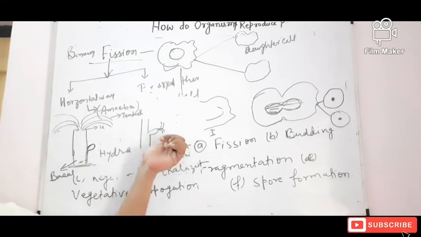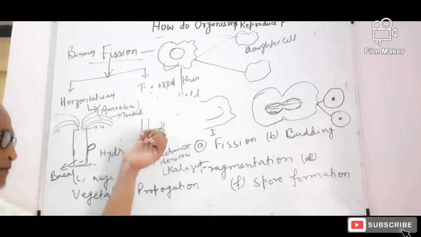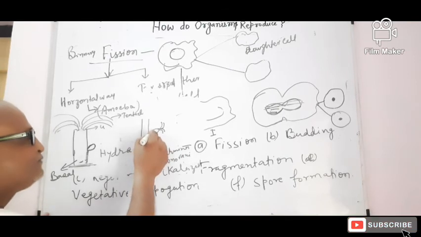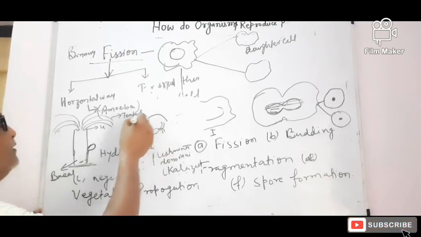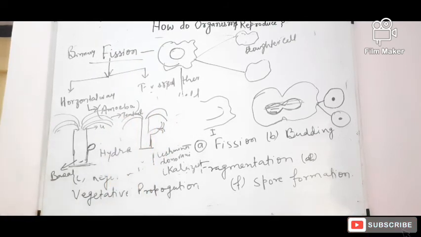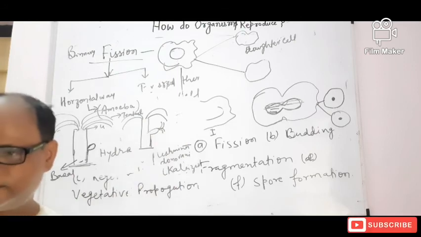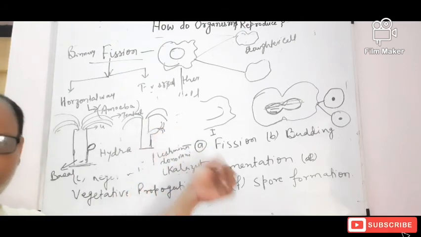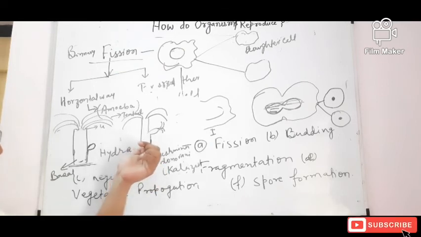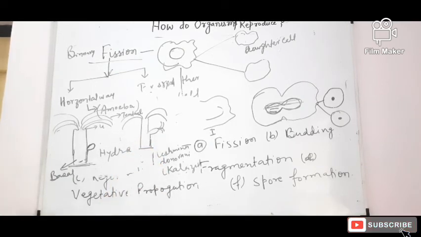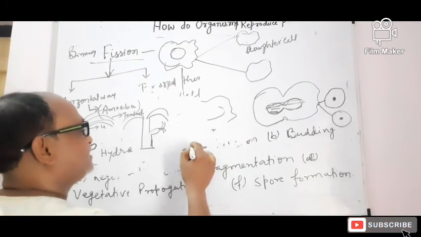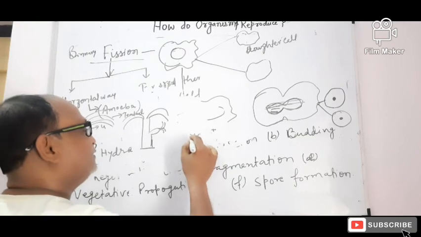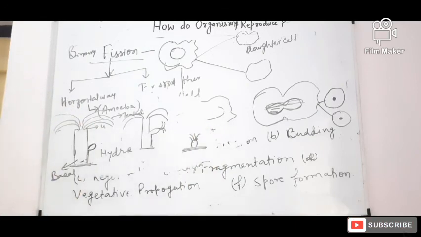At the four-tentacle stage, the bud perishes or detaches from the mother hydra, and then it goes to the substratum and stands, and then it will grow into a longer one.